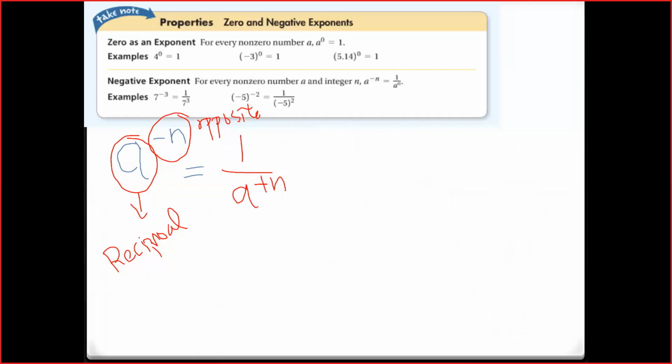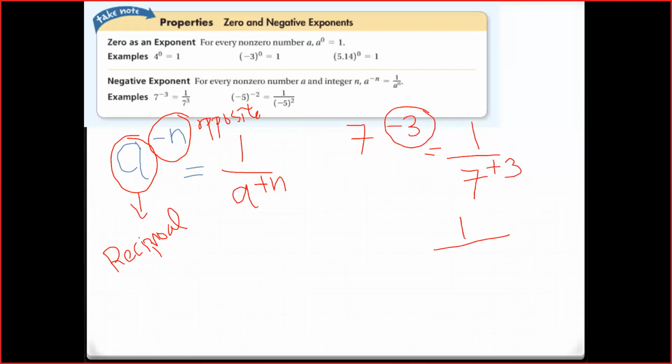This is the rule. As an example, if you have 7 to the power negative 3, how can I find it? What is the reciprocal of 7? 1 over 7. What is the opposite of negative 3? Positive 3.